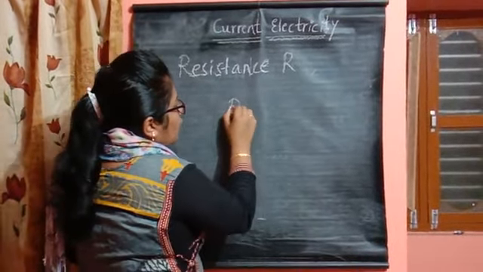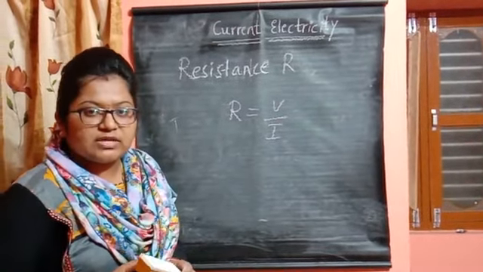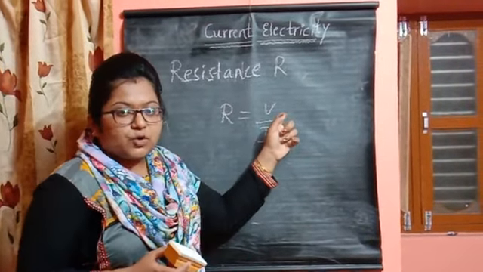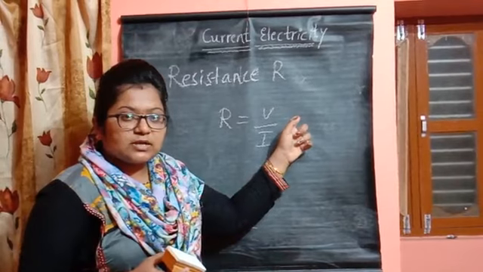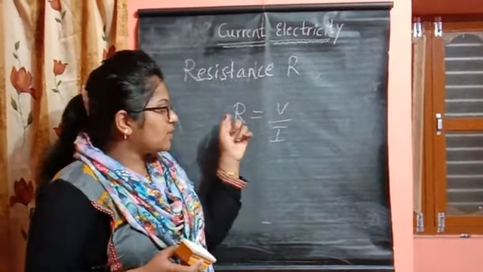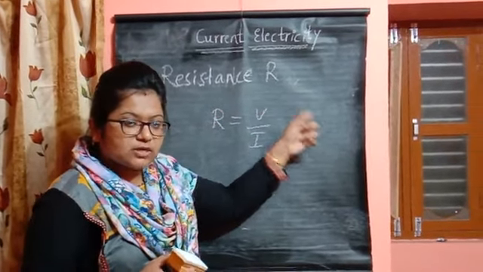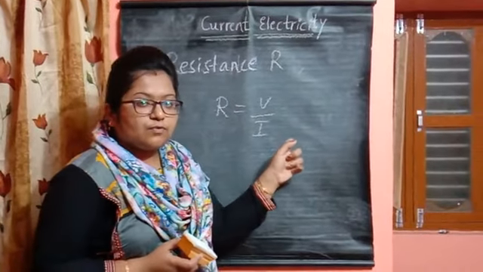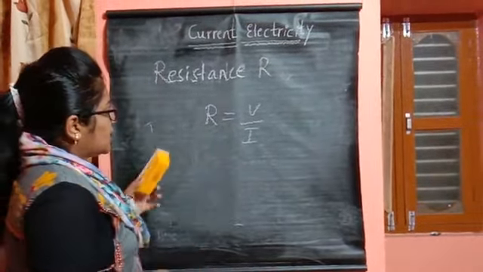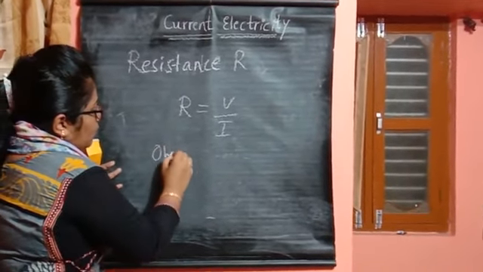By Ohm's law we obtain R is equal to V divided by I. So how can we define resistance? It is the ratio of potential difference across the conductor to the current flowing through the conductor. The SI unit of resistance is ohm.